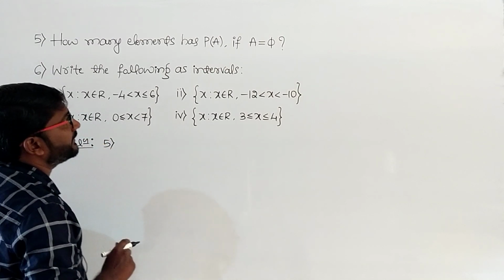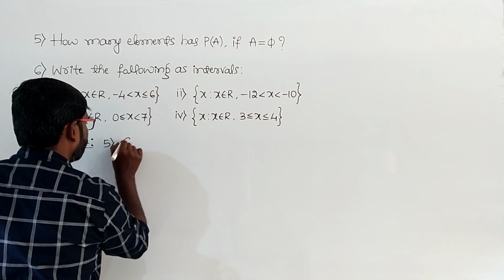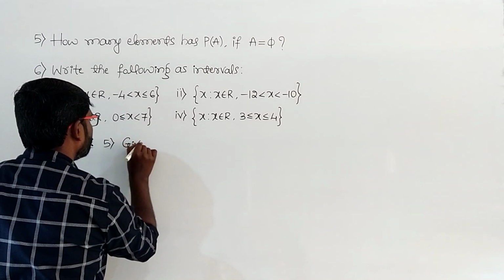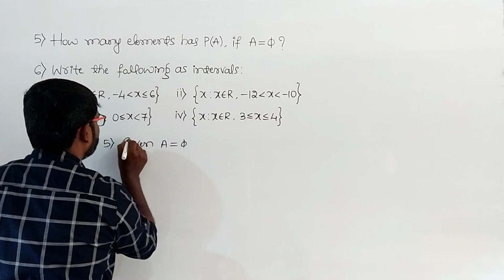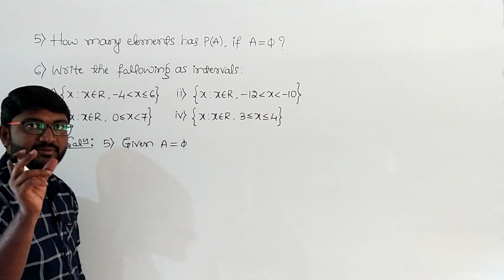So he has given that A is a null set. Given A equal to pi. That means in the null set it will have 0 elements.